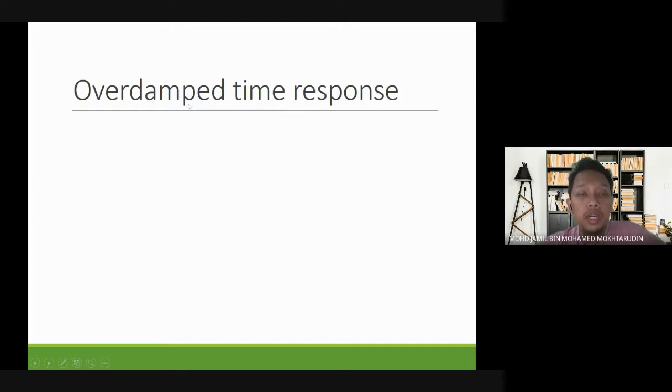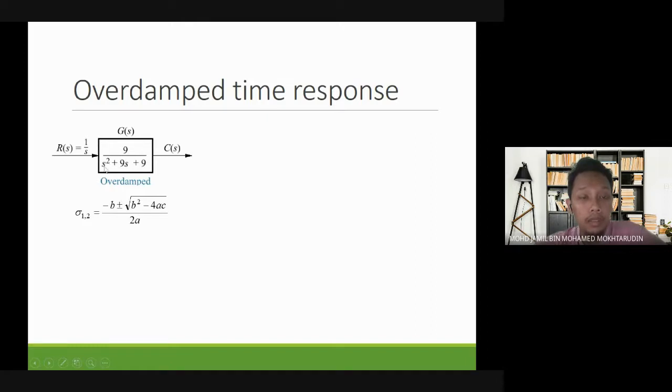So let's look at the first time response, which is overdamped. For example, you are given the transfer function G(s) equals 9 divided by s squared plus 9s plus 9. We can find the poles by finding the value of s when the denominator equals 0.